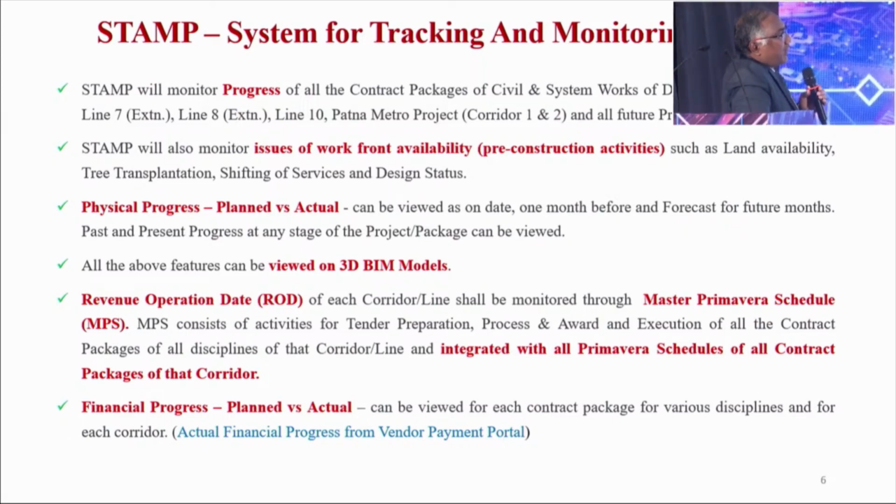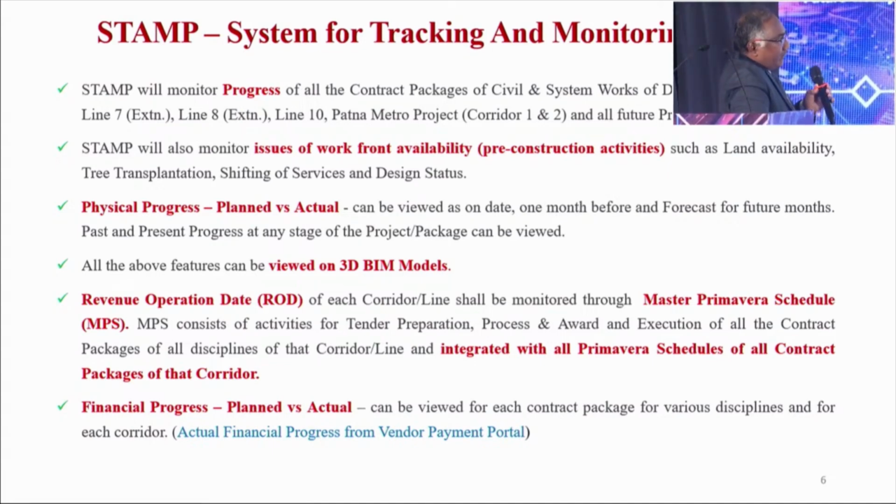So this Master Primavera, as soon as the project is awarded, even before the start of the tender preparation, we prepare it. The award of tenders will be in a sequential way, like civil contracts will be awarded earlier, then the system contracts will be awarded later. Their integration is done through the access dates.